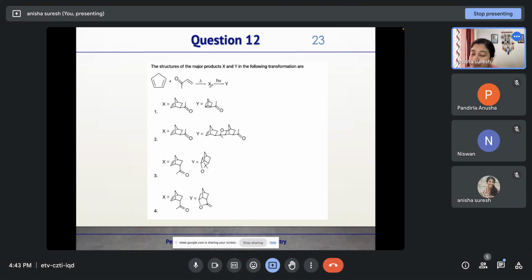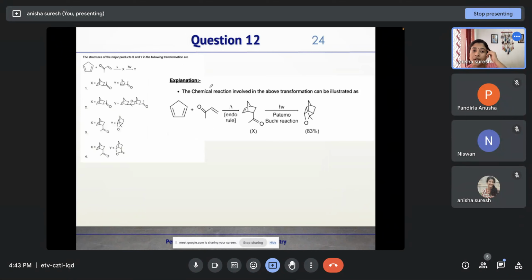Any answers? So we can see this will follow the Diels-Alder reaction endo rule. So if we are drawing like this, this should come inside. I will draw this a little more neatly.